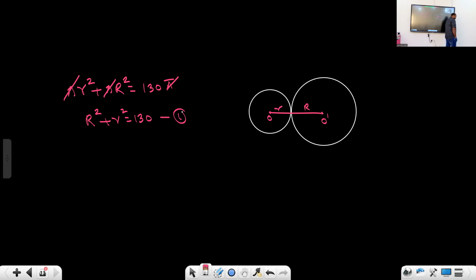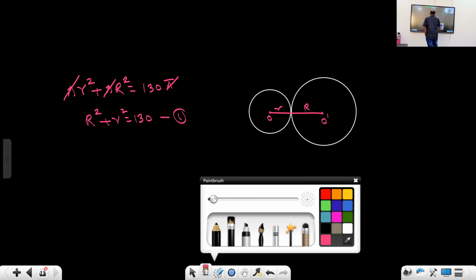r square plus R square equals 130, equation number 1. Read the question. There is one more condition in the question. What is that? The distance between the centers, O O dash, is also given.